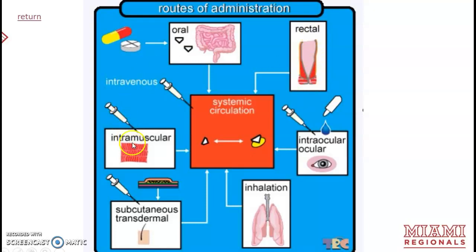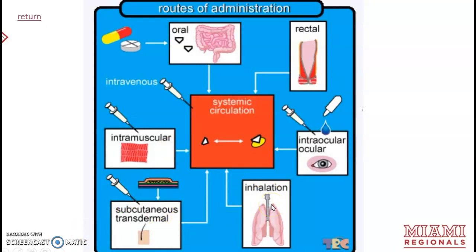Some drugs are injected into muscle. Others are injected directly into a vein. Some are stuck under the skin, like skin popping. Ketamine is a drug that a lot of people like to take through this subcutaneous injection. Transdermal would be like a nicotine or a fentanyl patch, which can be absorbed through the skin.